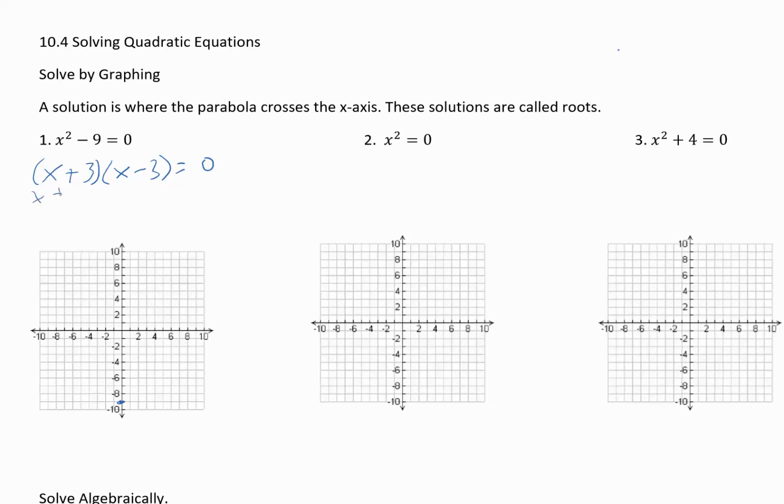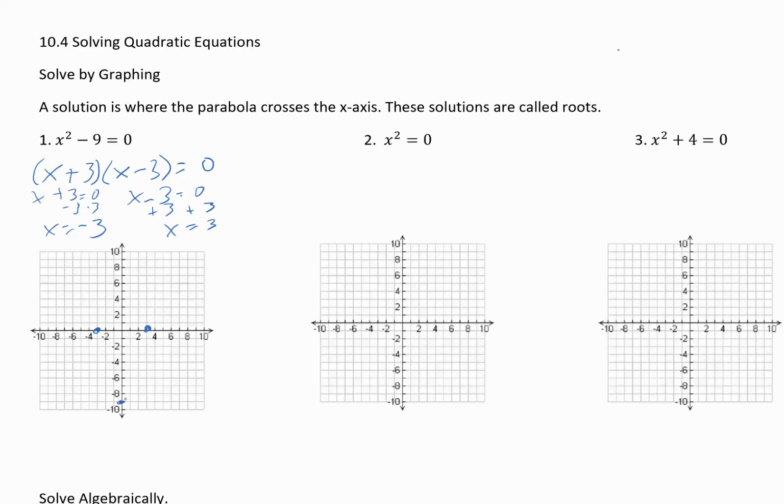So if you say x + 3 = 0, you would subtract 3 from both sides, and you would get x = -3. Here, if you set x - 3 equal to 0, you would add 3 to both sides, and you get x = 3, which means this parabola is going to cross here at -3, and it's going to also cross here at +3.